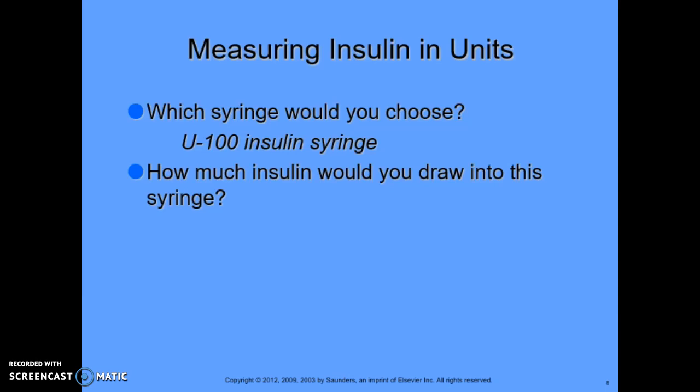Always draw the insulin in the same order as it is written, like I said previously. In the case of the 22 units of Humulin R, we do that first, and then the 26 units of the Humulin NPH. This helps to prevent any dosage errors.